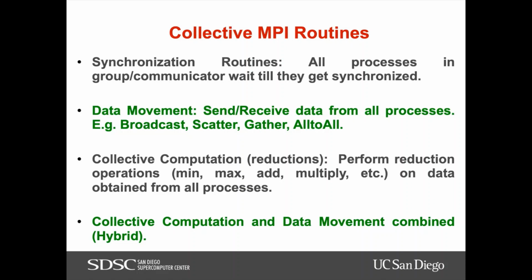There are also collective computations, like reduction operations, like we saw the MPI sum reduction in the pi example. But there are all kinds of different options there. And then there are things that will do both the collective computation and data movement combined.